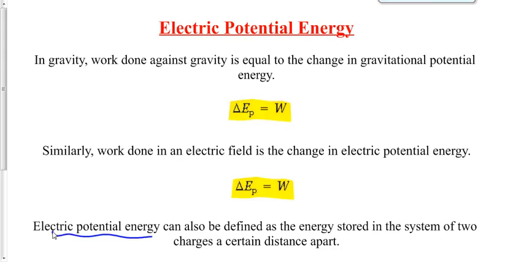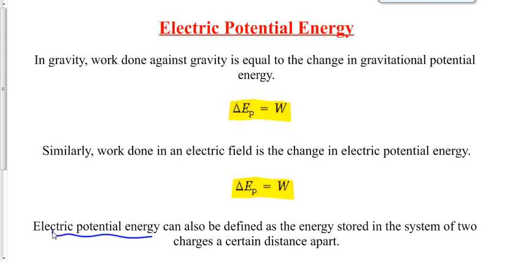Well, let's look at the definition for electric potential energy. It's defined as the energy stored in the system of two charges a certain distance apart. That's a lot like the definition I gave you for gravitational potential energy that we didn't really talk about in Physics 20. But this time, we have to include the system as part of the definition, because when we're talking about electric potential energy stored with two charges, it's not likely that one of them will be so big compared to the other.